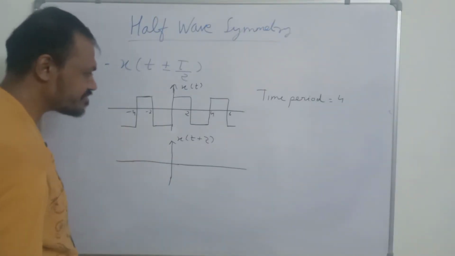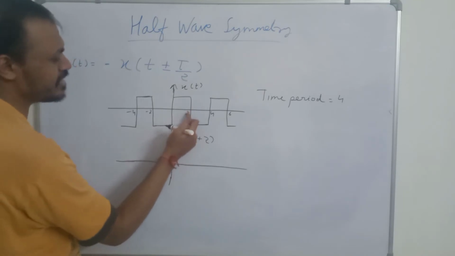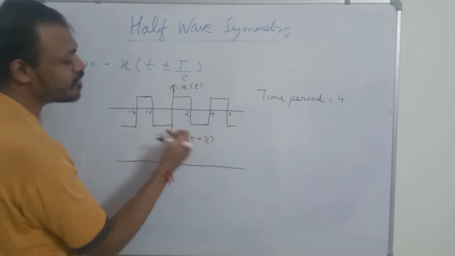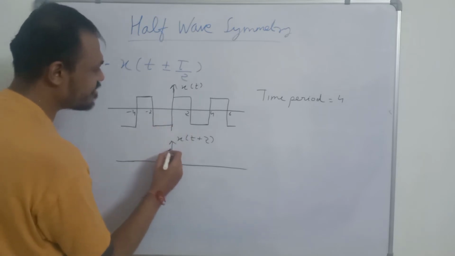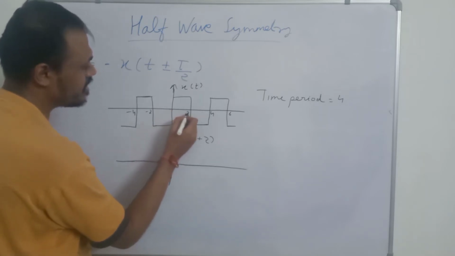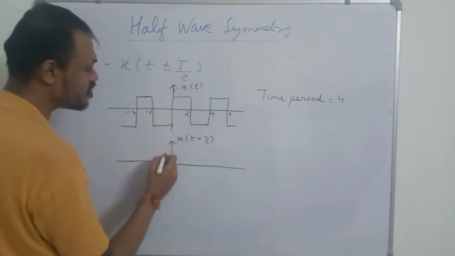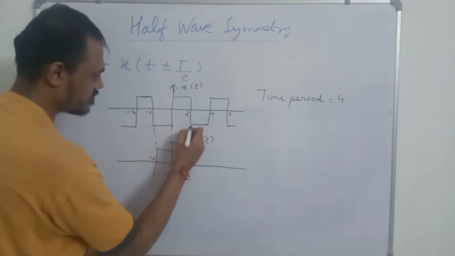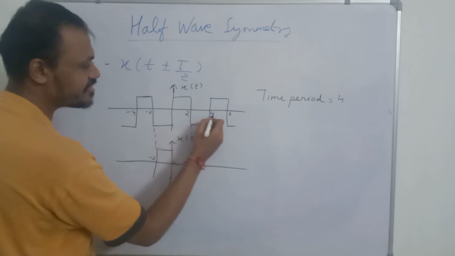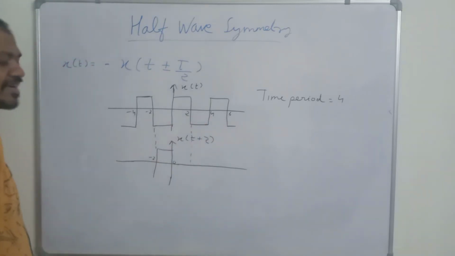If we shift left by 2 units, then this 2 will become 0, and 0 will come towards minus 2, and this 4 will become 2.